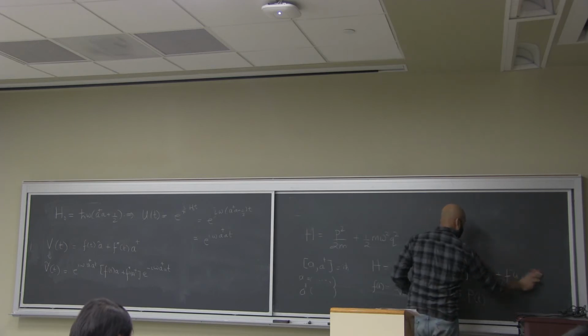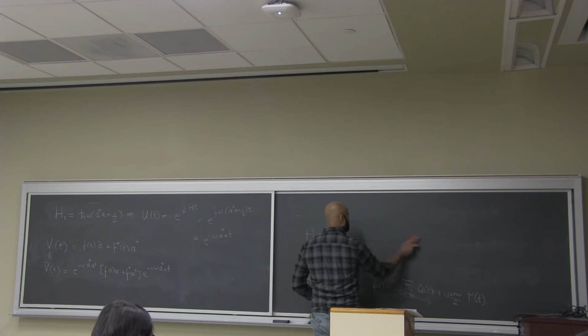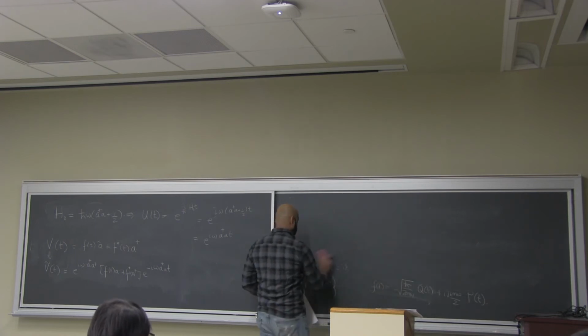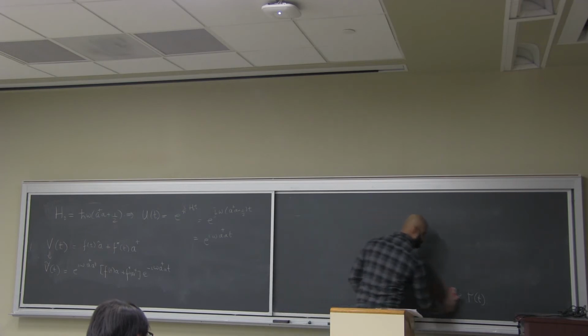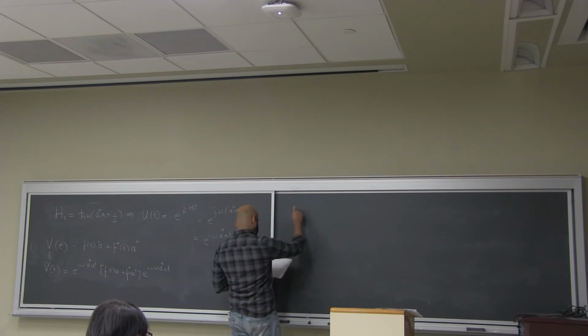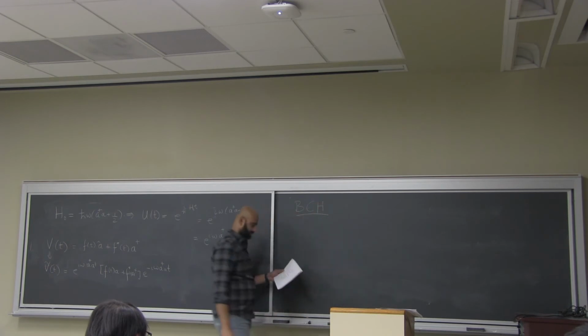I'll give you the result. So the Baker-Campbell-Hausdorff identity, I just call it BCH because that's how it's often referred to.